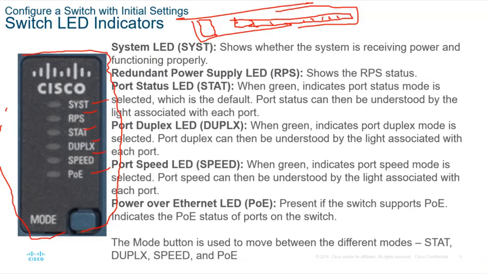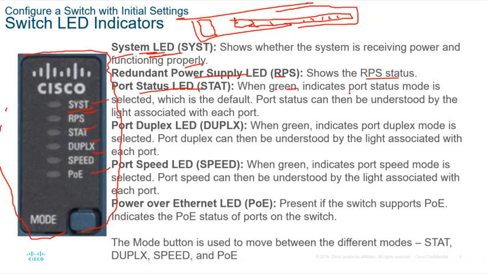So when you look at this abbreviation, the first one here is the system LED, as you can see. The system LED shows whether the system is receiving power and functioning properly. Then we have the redundant power supply, which shows the status. We have port status here.